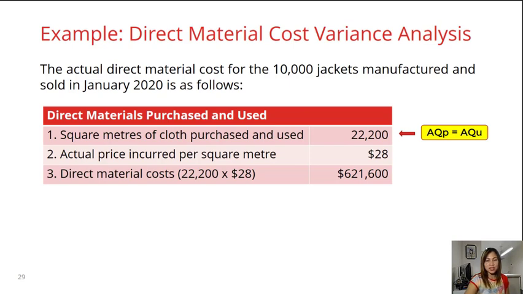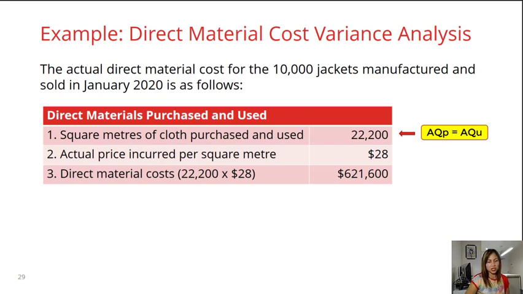The first one, the actual 22,200. This is the actual quantity that you purchase and use. In some companies, the actual quantity that you purchase can be different from the actual quantity that you use in production, because sometimes at the end of the period you still have direct materials in your warehouse that you haven't used in production yet.